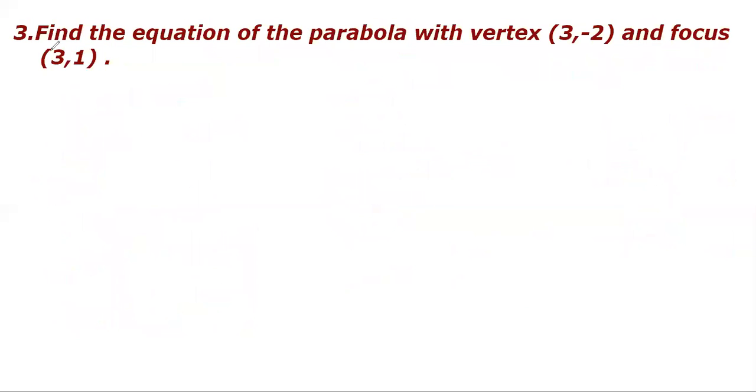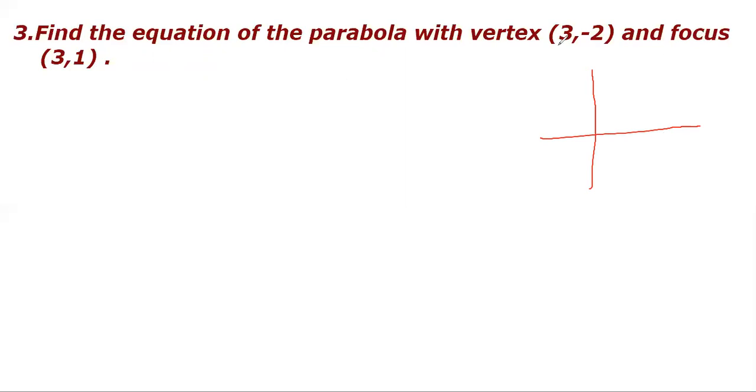Next, find the equation of the parabola with vertex 3 comma minus 2 and focus 3 comma 1. When I take the coordinate plane, one more thing we have to find is which coordinates are equal.